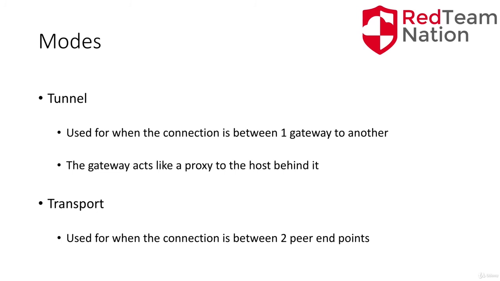Now, in an IPsec tunnel, there are two different modes. The mode you want will determine what type of tunnel comes up. We have tunnel mode. This is where we want to connect one gateway to another, or one device to another, and by device I'm talking about network devices: switches, routers, firewalls.